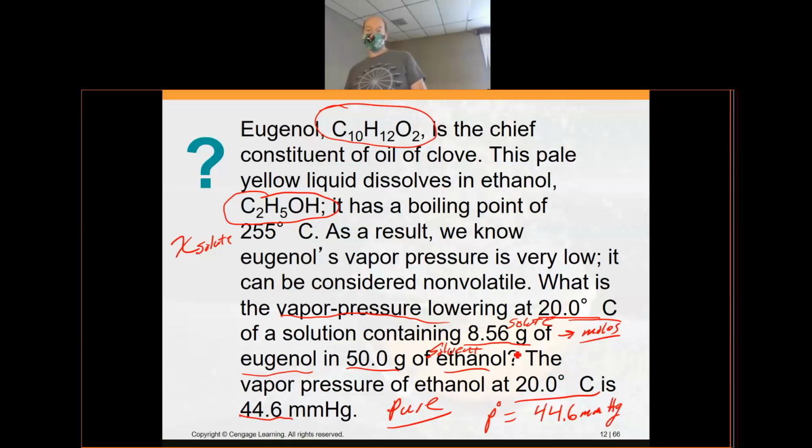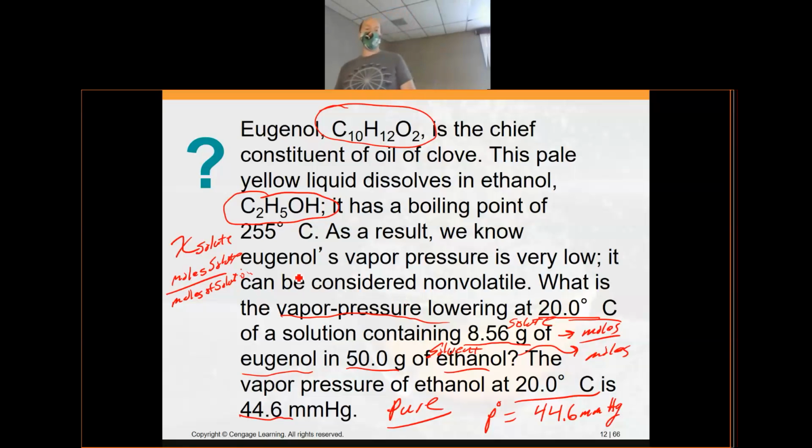We convert that into moles. Then we add them up. We have the moles of our solution. And so we take moles of the solute divided by moles of solution. Remember, to get moles of solution, you have to add up those two number of moles.